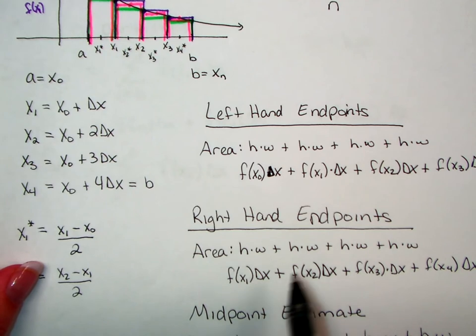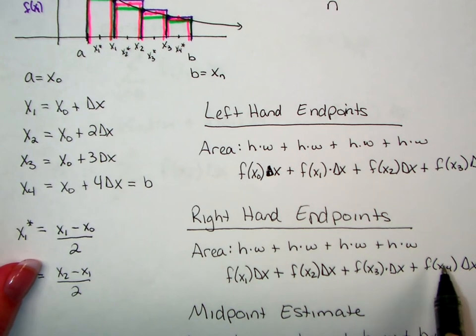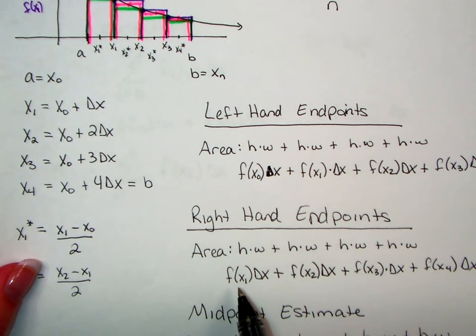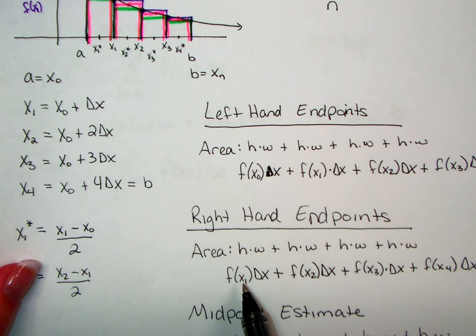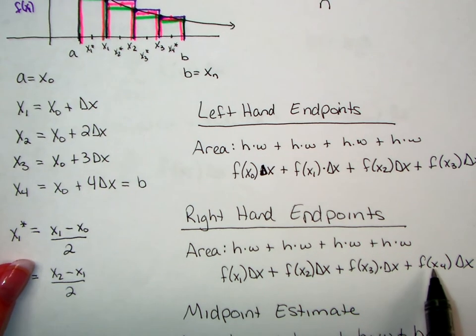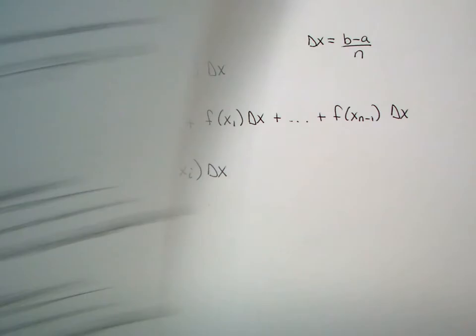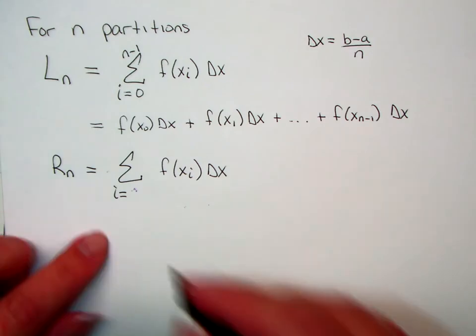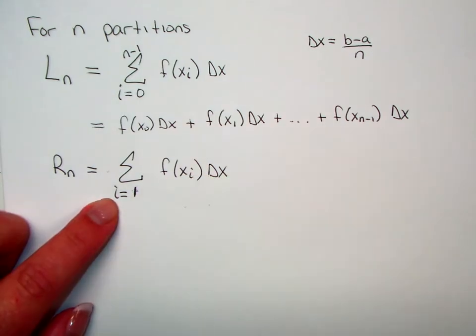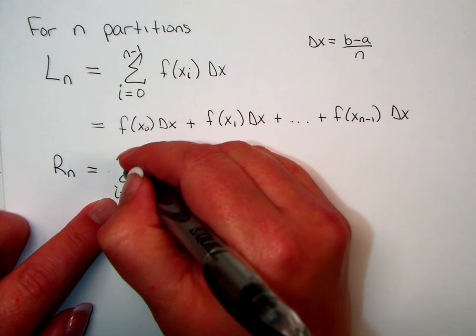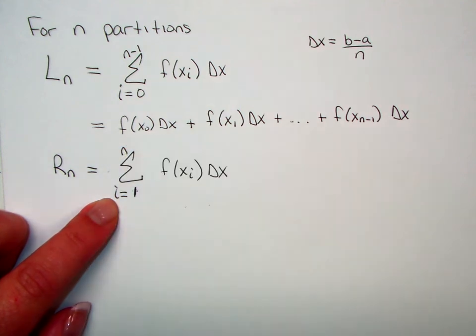For our right-hand endpoints, we used x of 1, 2, 3, and 4. So we didn't start at x of 0. We started with a subscript of 1, and we ended at 4. And this was when we had n partitions. So for our right-hand n partitions in our sigma sum, we're going to start at 1 this time, not at 0, and we're going to go to n.